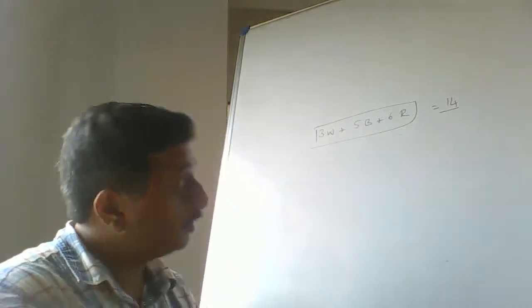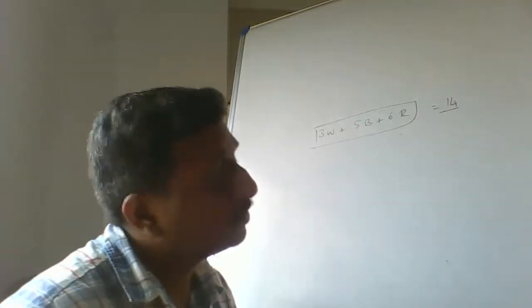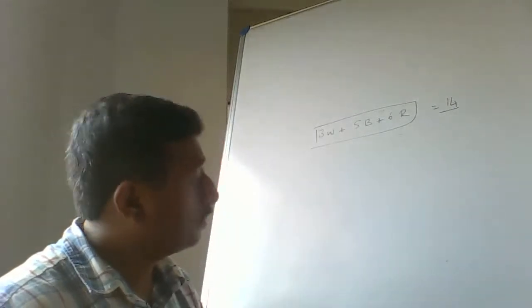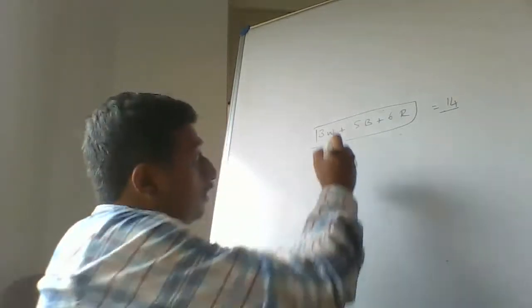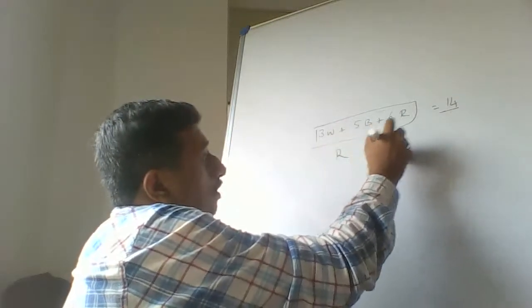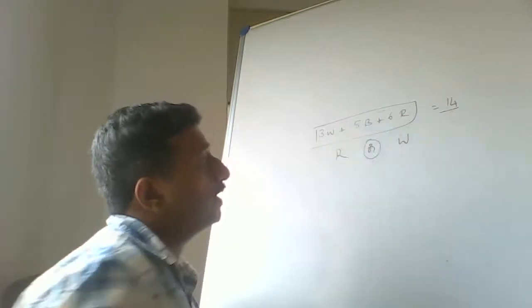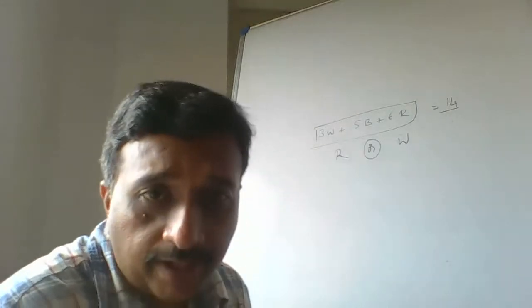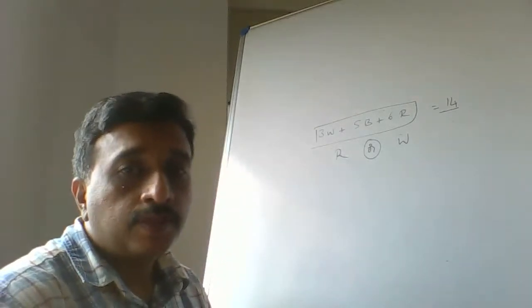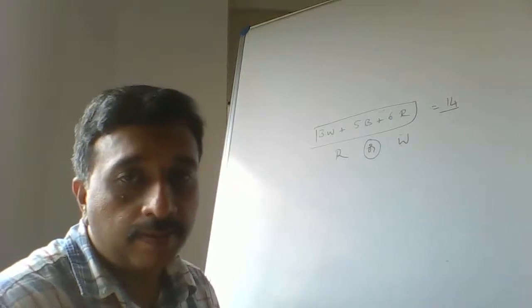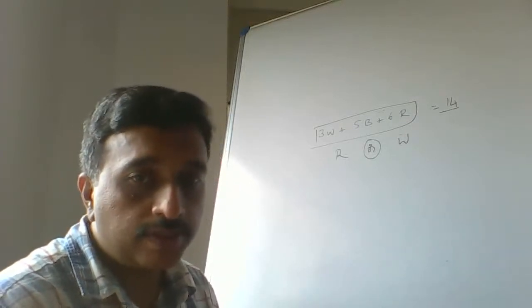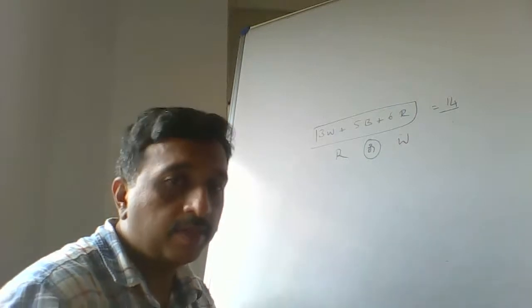So the total number is 14. So red or white. Or is again an operator here, which in mathematics you use as a plus symbol.